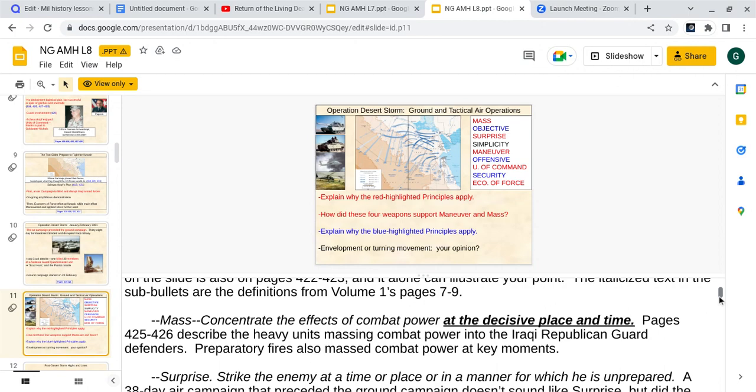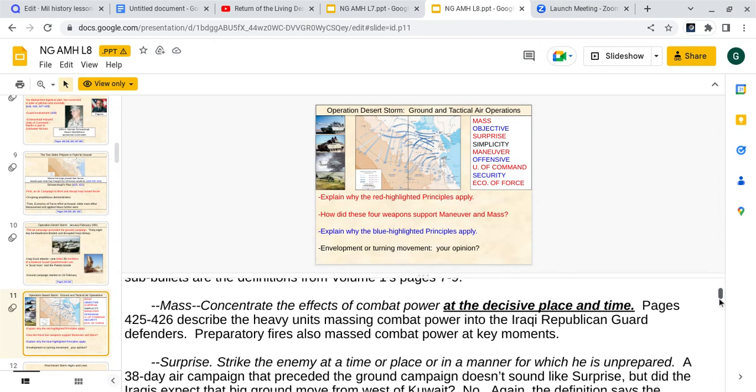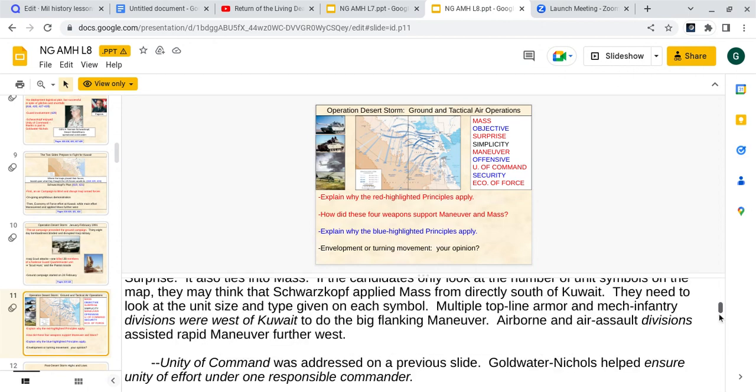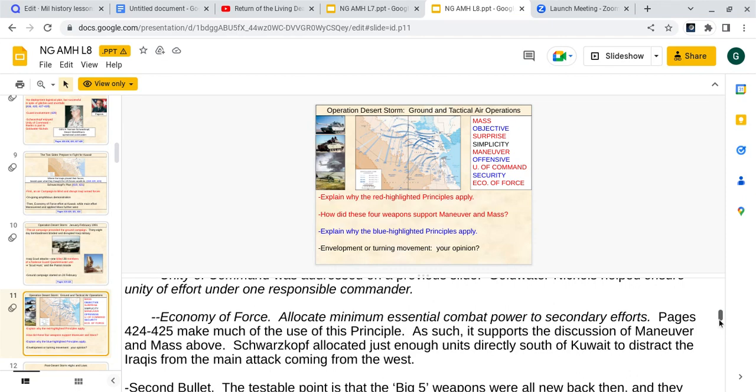Economy of force, because you are strategically placing, you're allocating minimum essential combat power to secondary efforts. So what does that mean? It means that you're basically putting a small group of people to support the larger goal, the larger task, which would have the greater number of people.